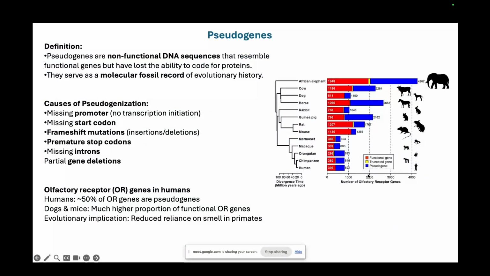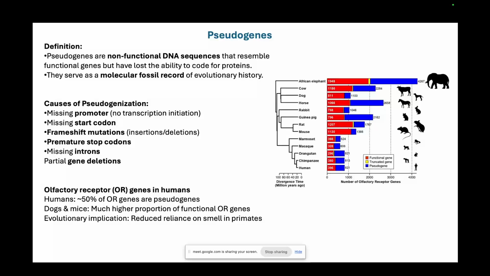Okay, so how can these pseudogenes be formed? As I said, at some point of evolution, there were some mutations that got accumulated in the gene, which made it a non-functional copy, right? So there can be many ways through which these mutations can occur and different types of mutations. It can be that the promoter got deleted.